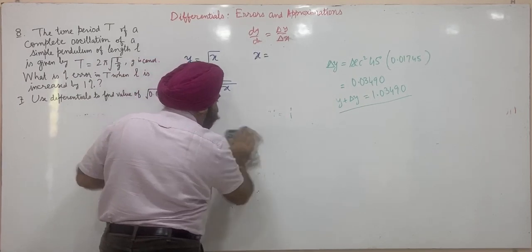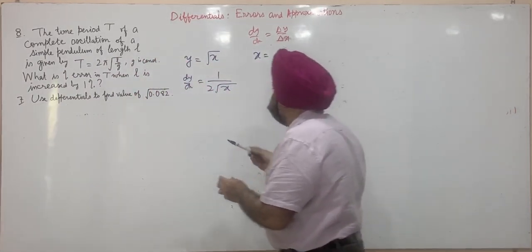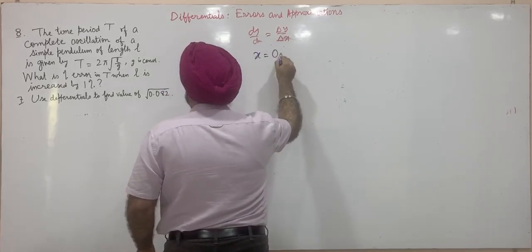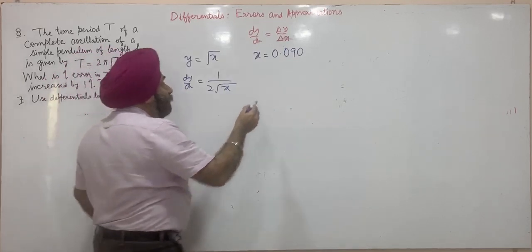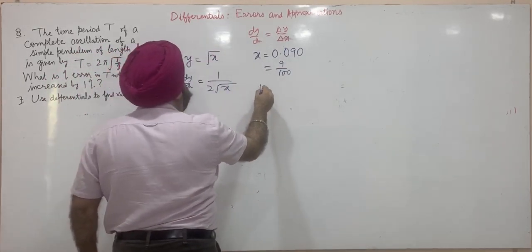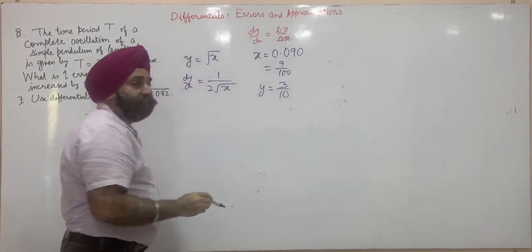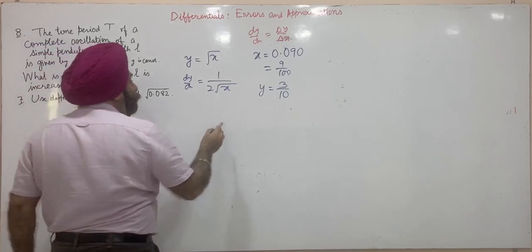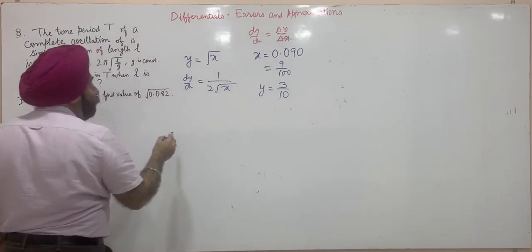And we know that value is 0.09, which is 9 by 100. The corresponding value of y, the square root of this, will be 3 by 10. So this is the chosen value of x and the corresponding value of y.